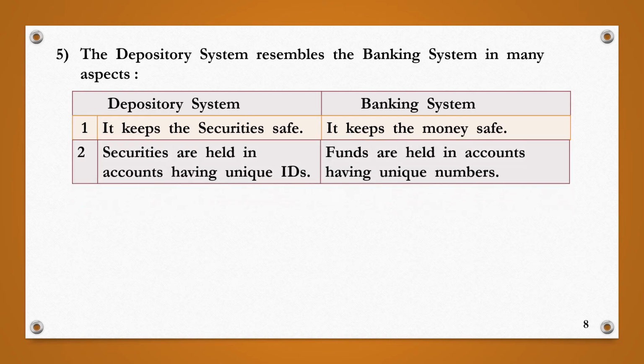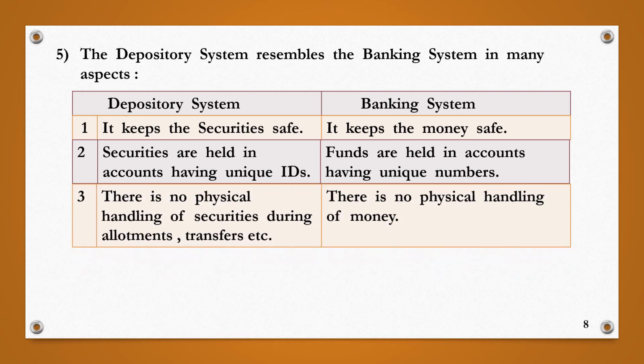The second similarity is, in the banking system, account holders have unique numbers which are called account numbers, and in the depository system the security holders have their accounts and they have their unique numbers, but they are called unique ID numbers.